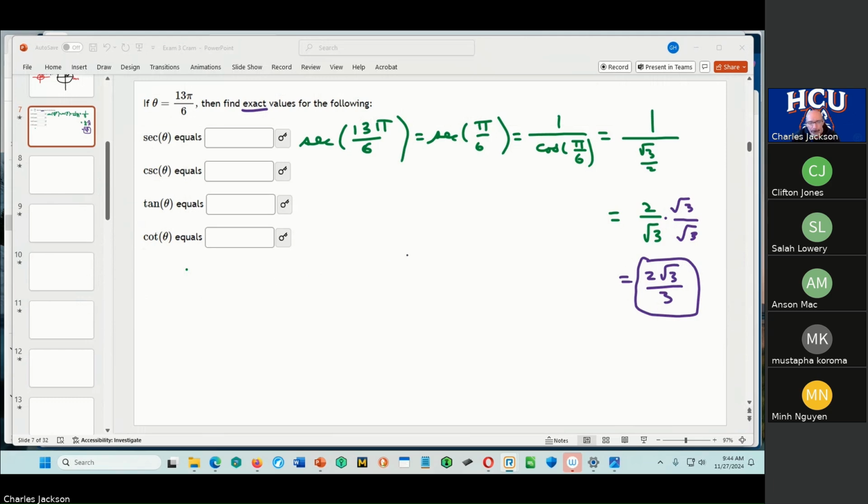Okay, now the next one goes the same way, except that it's cosecant, so it's going to be 1 over sine. Then they ask for tan and cotangent.